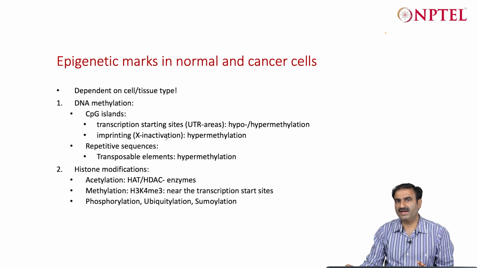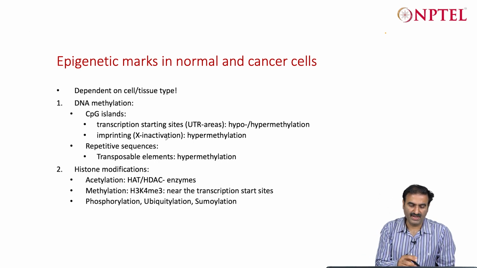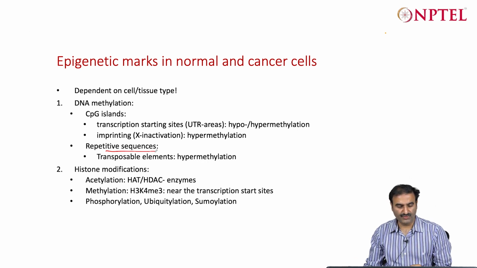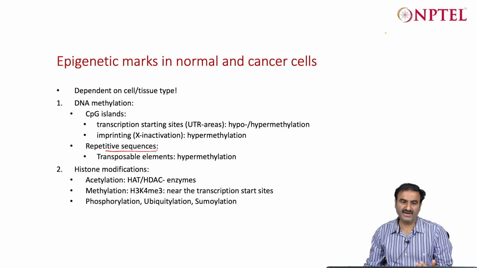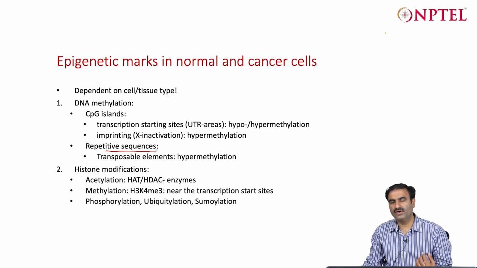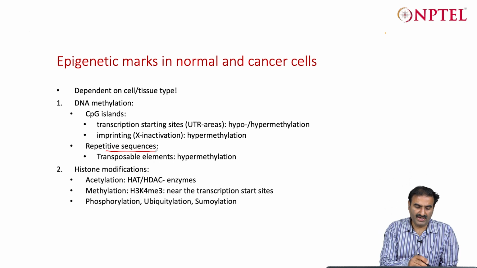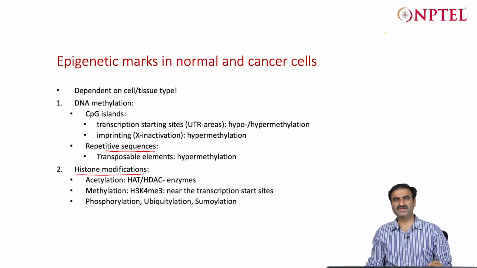People have found epigenetic marks in normal and cancer cells, such as changes in transcription start sites, hypermethylation, imprinting, or hypermethylation in the repetitive sequences. Those have been associated as marks or markers of cancer, along with histone modifications such as acetylation, methylation, or phosphorylation of the histones.